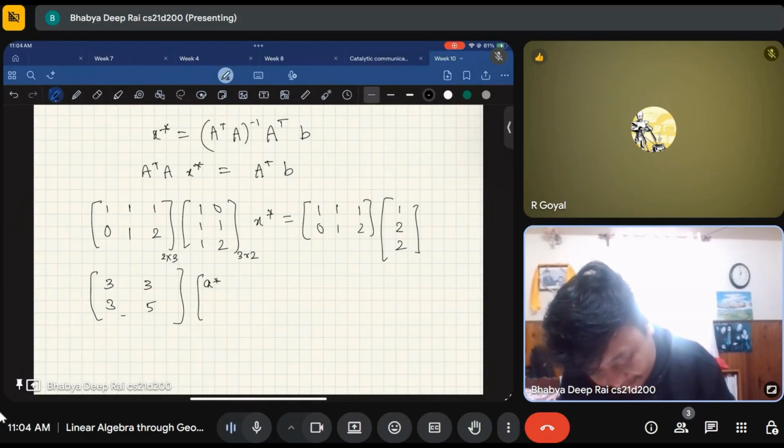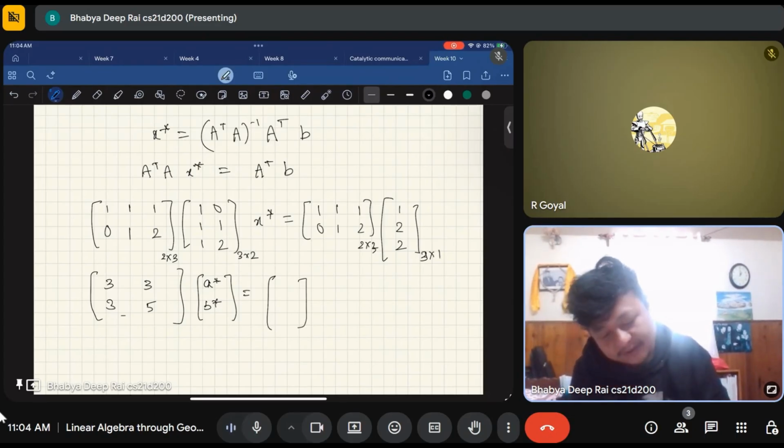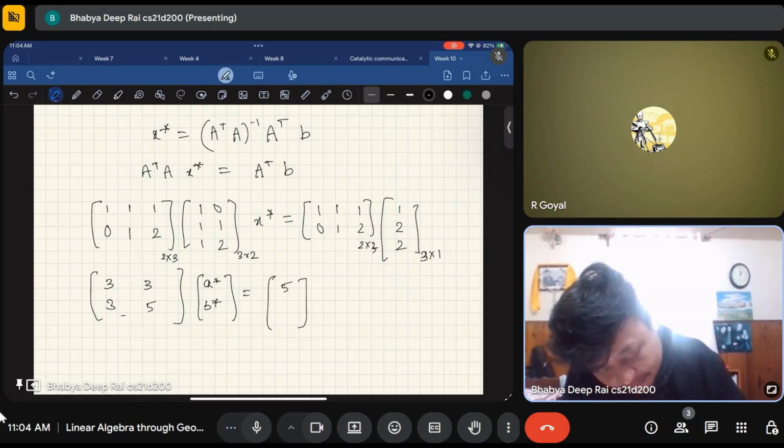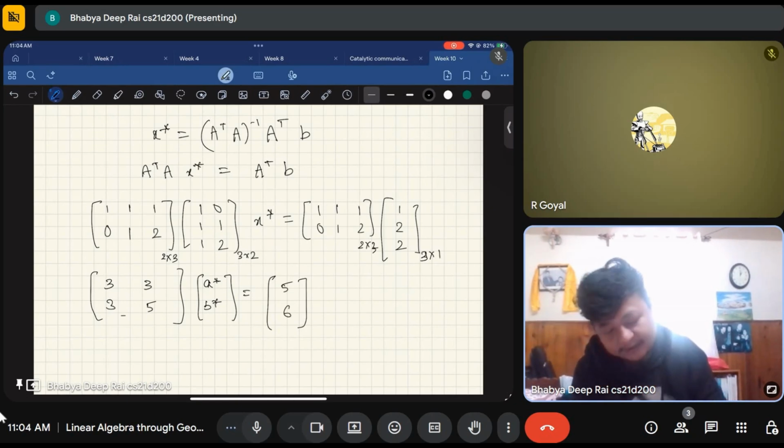Times a star b star is equal to, this is 2 cross 3 and this is 3 cross 1, so I should get a 2 cross 1 matrix. So this will be 1 plus 2 plus 2, which is 5, and this should be 2 plus 4, which is 6.